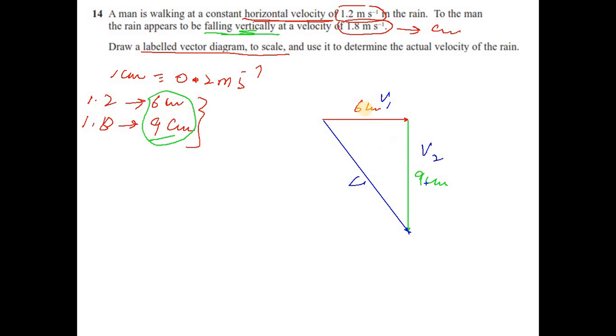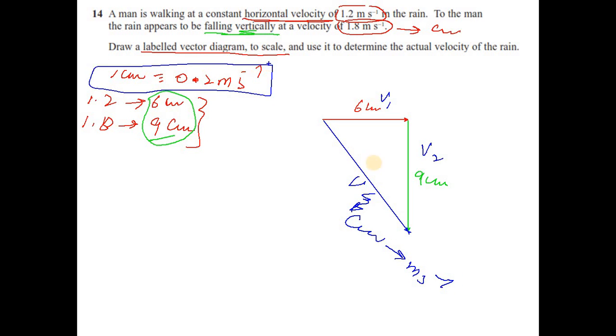From here you can use Pythagoras theorem, or you can measure the length of the vector and convert this centimeter into m/s using the scale that we chose. So the magnitude of the velocity V should be around 2.2 m/s.